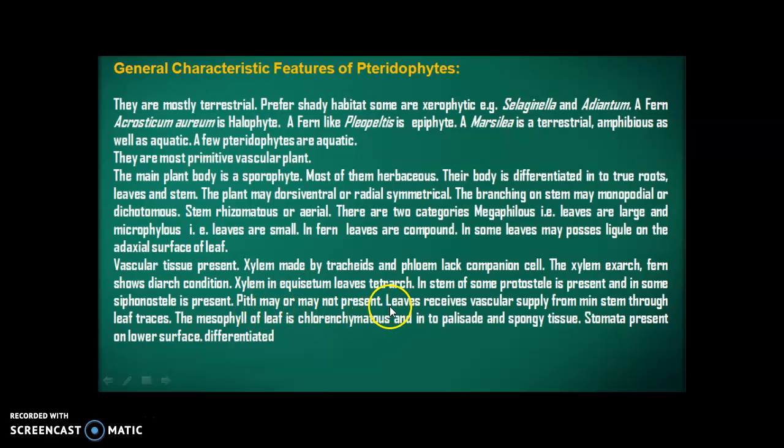Pith may or may not be present. Leaves receive vascular supply from the main stem through leaf traces. The mesophyll tissue in the leaf is differentiated into palisade and spongy. The palisade is chlorenchymatous. The stomata are present on the lower surface of the leaf.